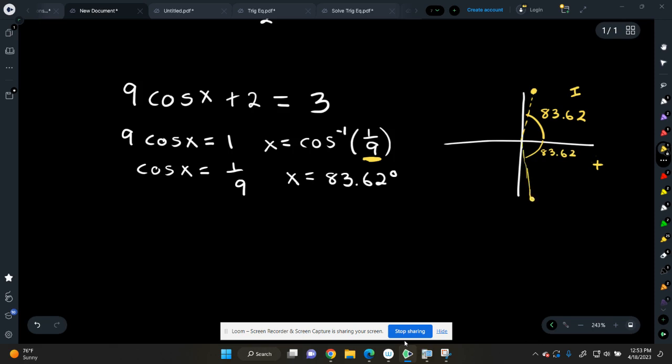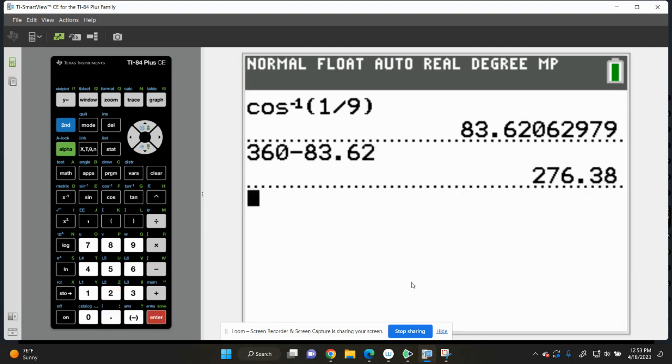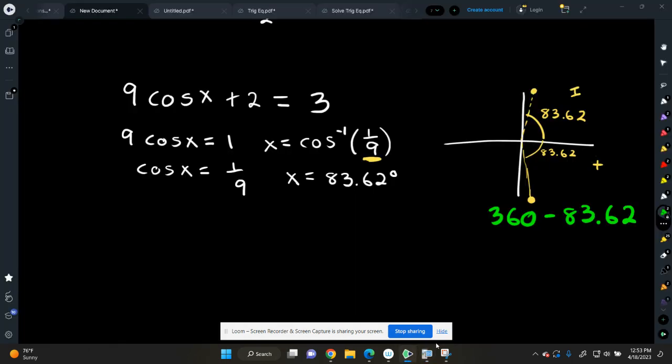So that means this is another solution right here. I just have to figure out what angle that is. How do I figure out what angle that is? 360 minus 83.62. Okay, 360 minus 83.62 is 276.38.